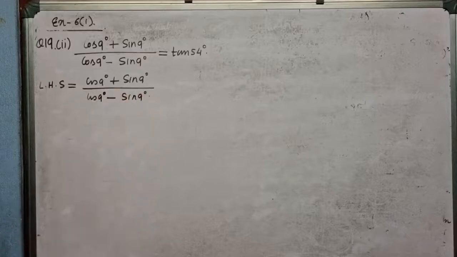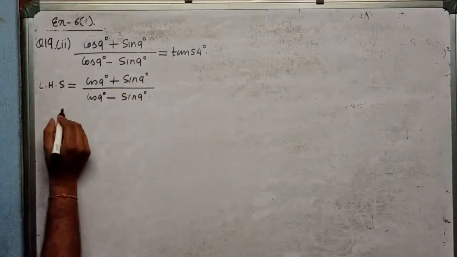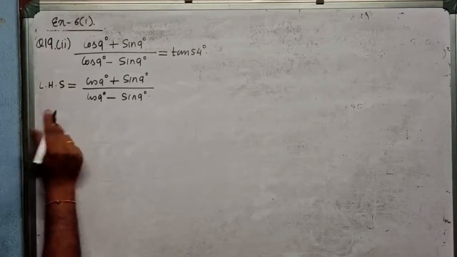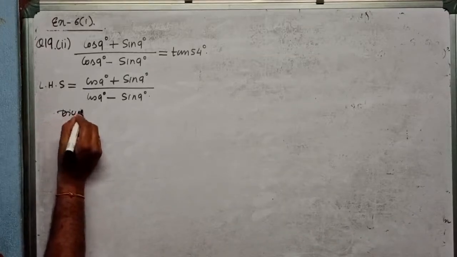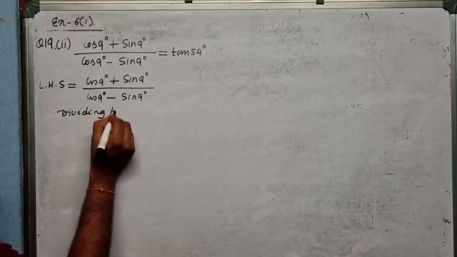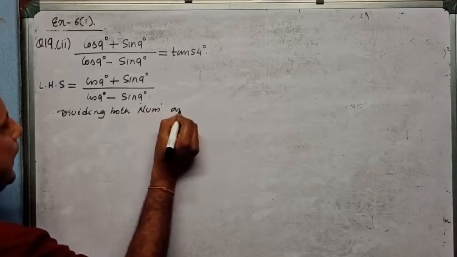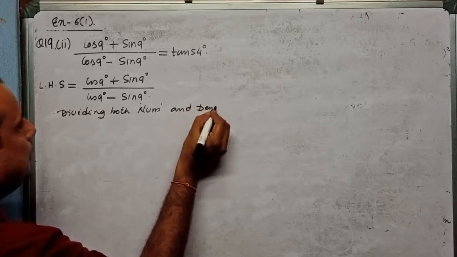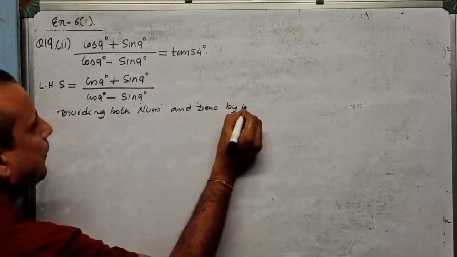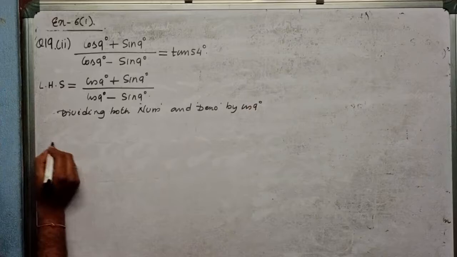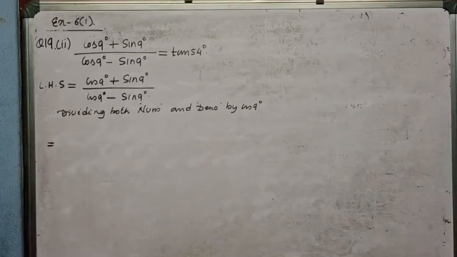To prove this identity equals tan 54 degree, it's a trick. What you have to do is divide both numerator and denominator by cos 9 degree. You have to keep this in your mind.